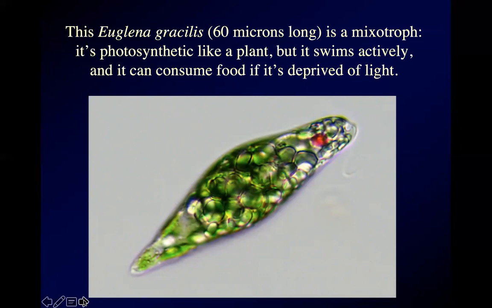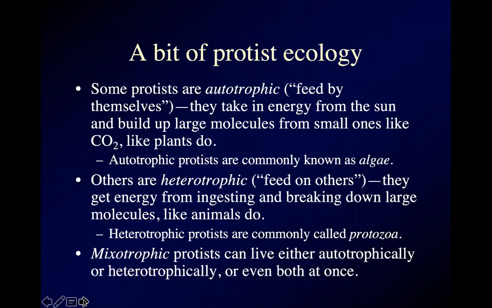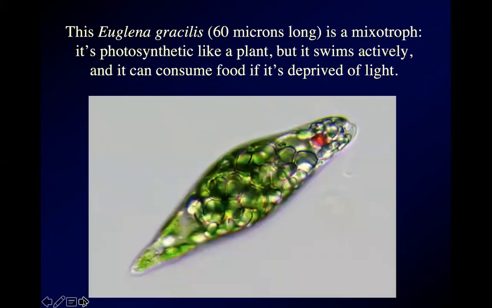I will never require you to memorize the names of genera and species. So I might test you on autotrophic, heterotrophic, mixotrophic. You do not have to know Euglena gracilis. I mean, unless you want to, but I will never test you on name a mixotrophic protist and you have to write Euglena gracilis. I won't do that.